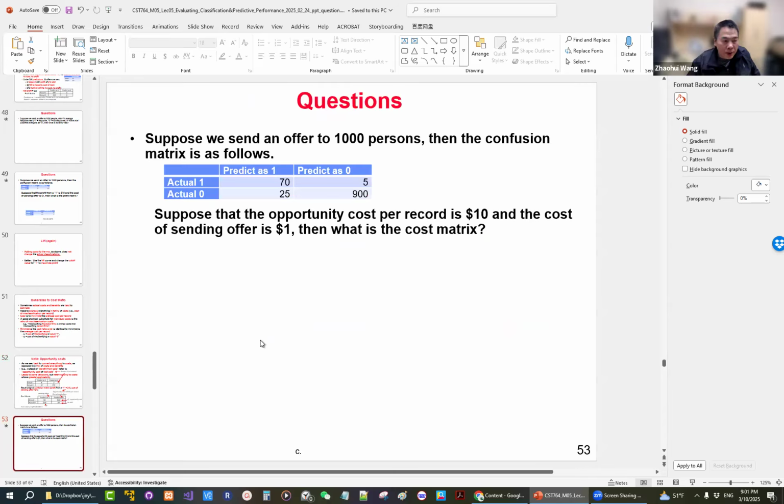So here we have a practice. Suppose we send out offers to 1,000 people. Then the confusion matrix will be here. Suppose the opportunity cost per record is $10, cost to send an offer $1. What is the cost matrix? Can you try this?